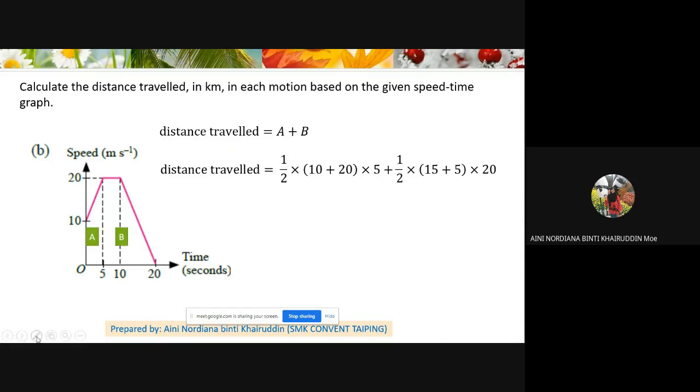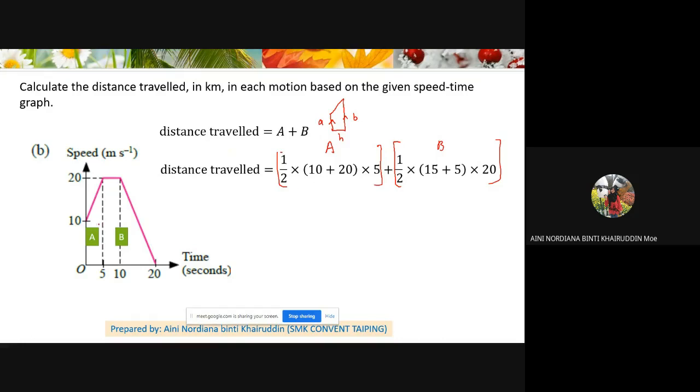Okay, for distance travel, for A. So this is A. And this is the area of B. Okay, kalau you tengok bentuk A like this. So this is A and B. And this is the height of the trapezium.